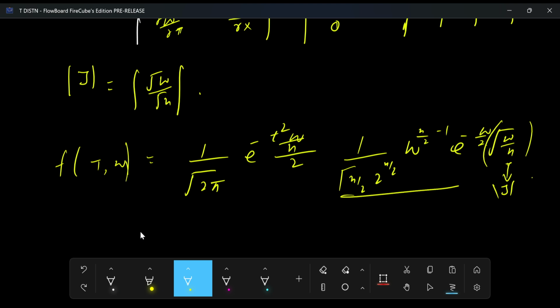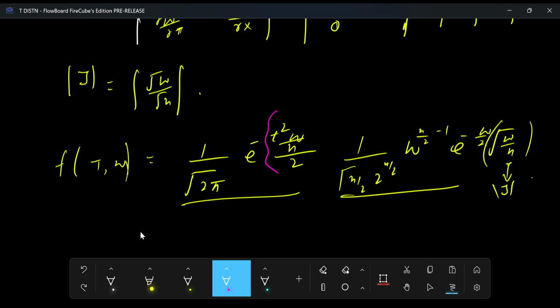This is my chi-square and this is my normal. In place of x, this is the value of x. As z follows normal 0 comma 1, this is the value of z.